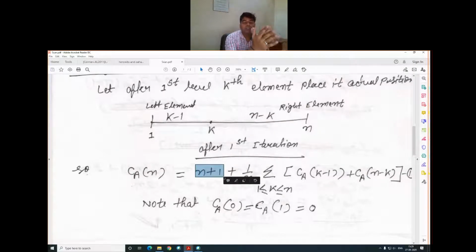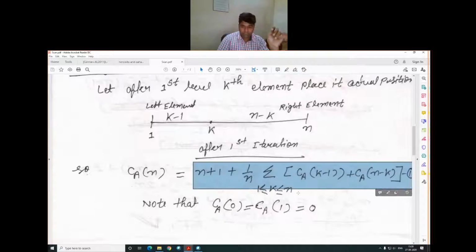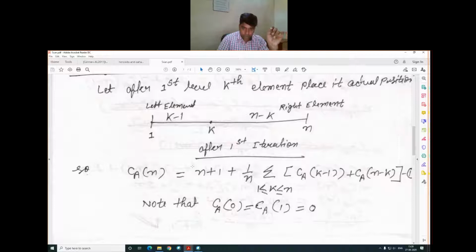Plus, on average we again have to compute the time complexity for C A of k minus 1 and C A of n minus k. Average case analysis means the summation of the total number of comparisons, which after the first iteration is n plus 1. Clear?